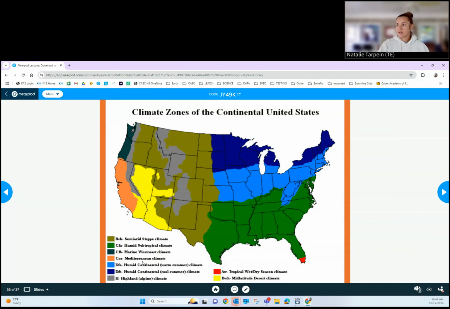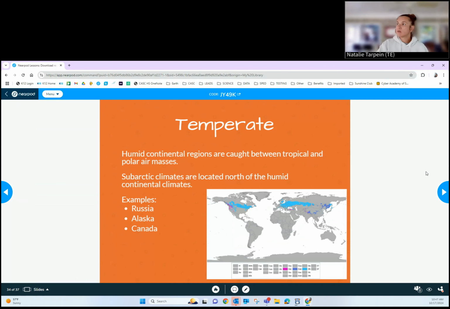It's actually got that as a Mediterranean climate. And then the whole northwestern corner of the U.S. is marine west coast climate. And then, of course, continental is within the middle. And we don't have to go into too much depth with that.